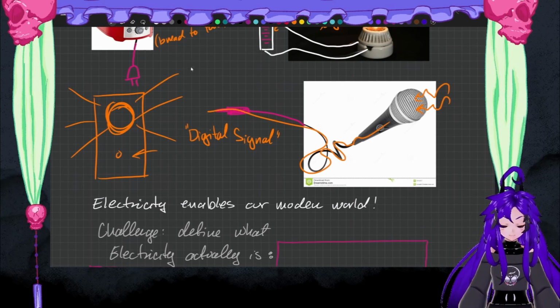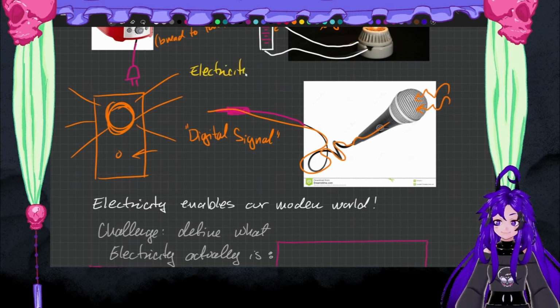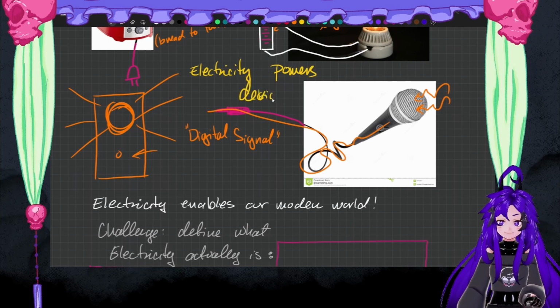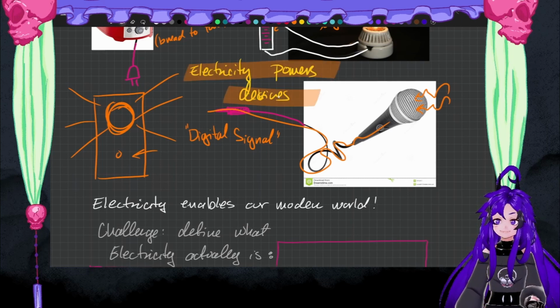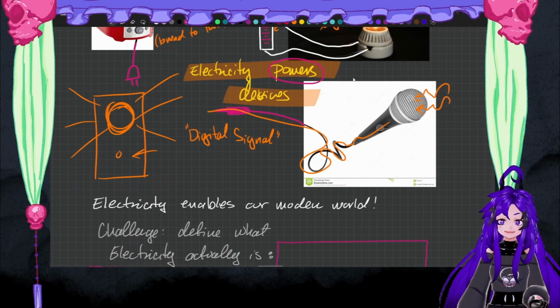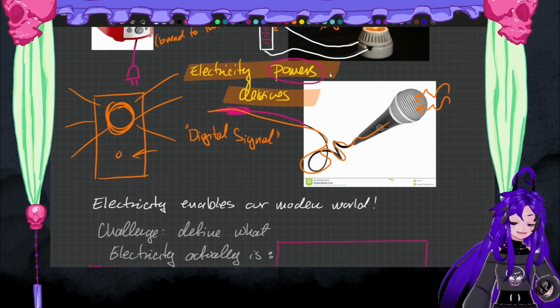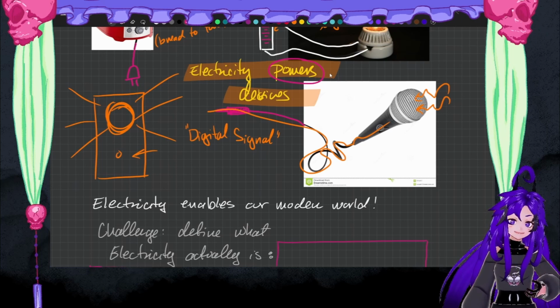So electricity powers devices, right? And there's something else about that too, which is this word powers. This word powers is also something that we speak about in language, but has a specific definition in science.